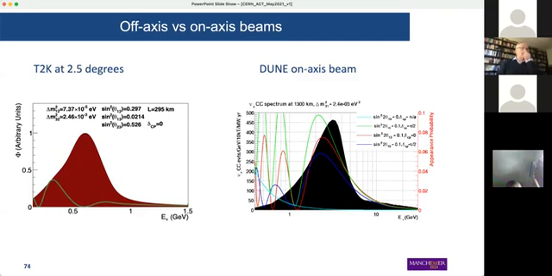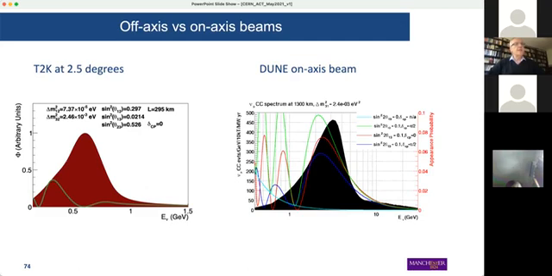Again, so what does that mean? Well, on the left, T2K, on the right, DUNE, and you see the original beam spectrum, the flux, and then the oscillatory curves show the modulation of this, which you expect from the oscillations.